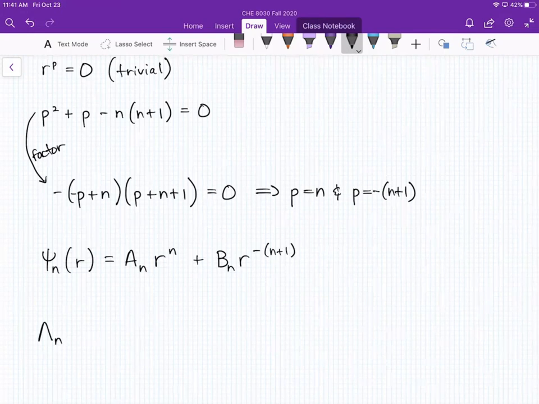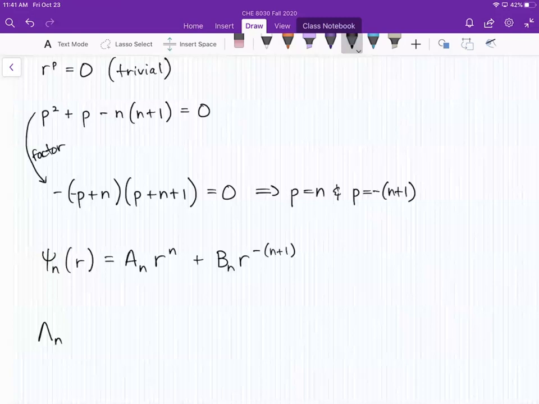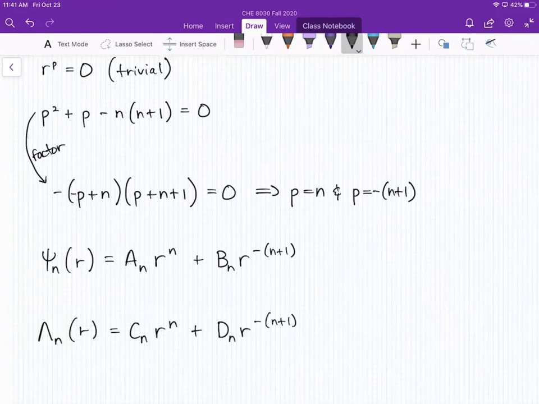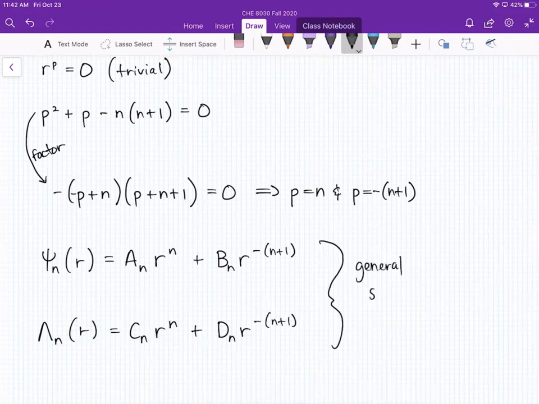The same process would occur if I had plugged that trial solution into the differential equation associated with lambda, so I will end up with the exact same general solution. Okay, so those are my general solutions for the transformed temperature inside and outside of the sphere.